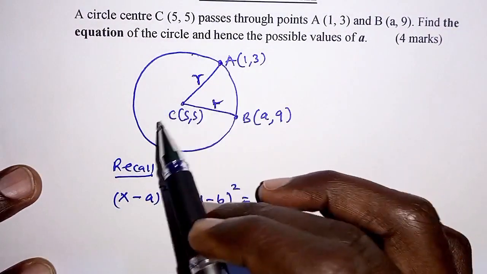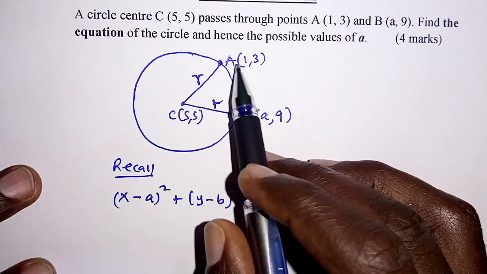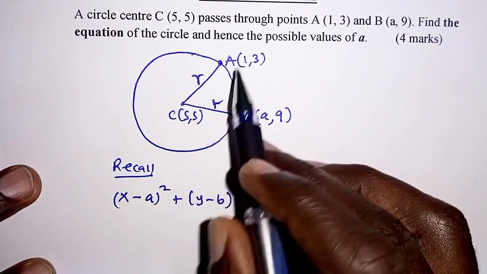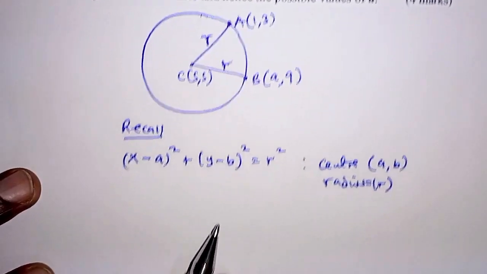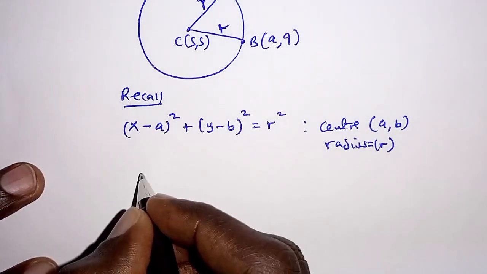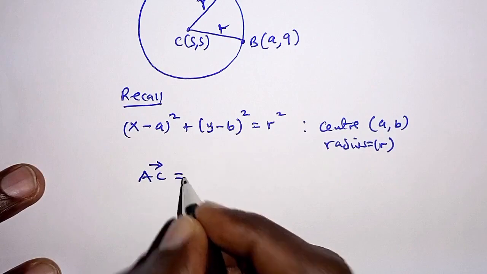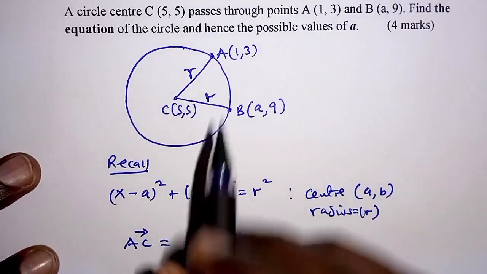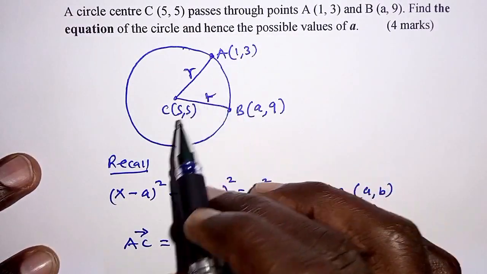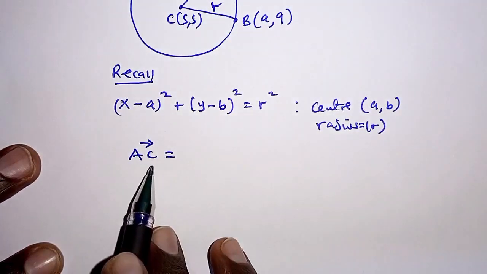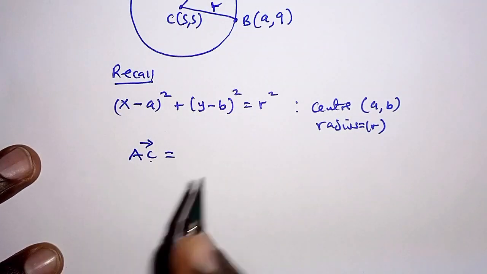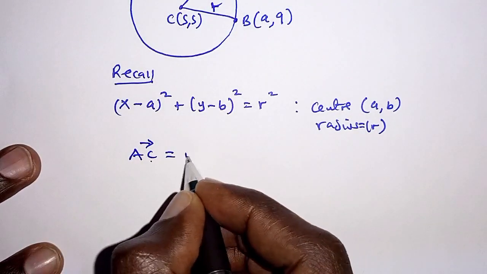I want to use AC because for both coordinates, we know the values. So AC as a vector will be obtained as the position vector of C minus the position vector of A, that is OC minus OA.